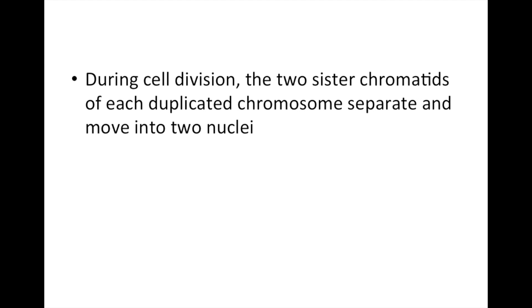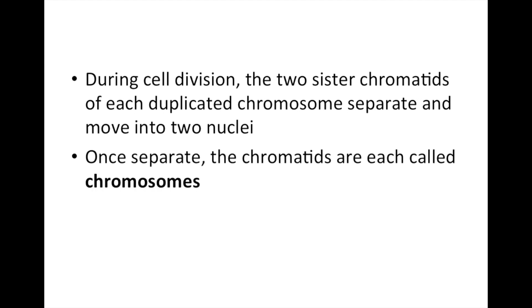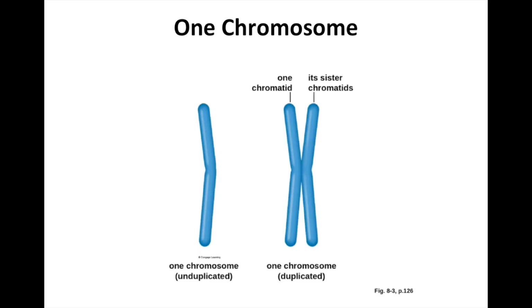And then during cell division, those two sister chromatids of each duplicated chromosome are going to separate and move into two different nuclei. Nuclei is the plural of nucleus. Once those two sister chromatids are separate, we call them chromosomes. So I'll show you a picture of this. So this would be one chromosome that's not copied, like in G1.